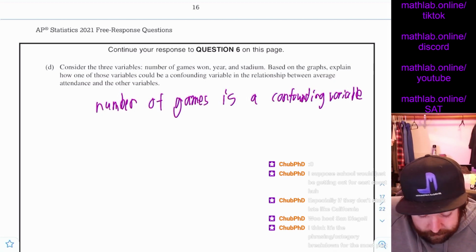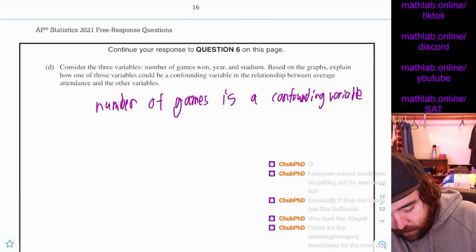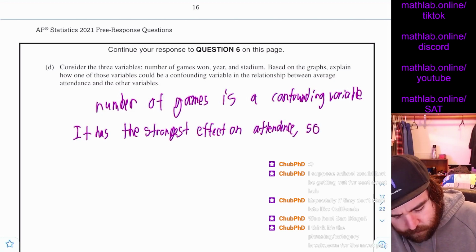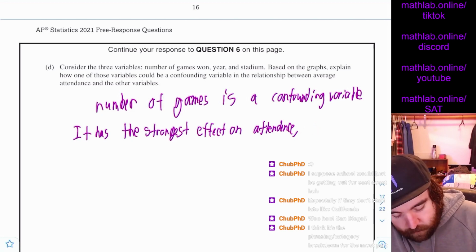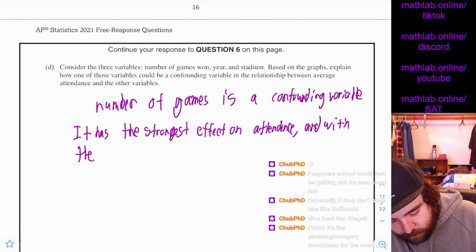Because it has the strongest effect on attendance. And with the new stadium, they started winning more.